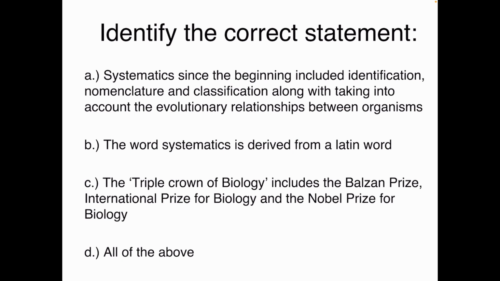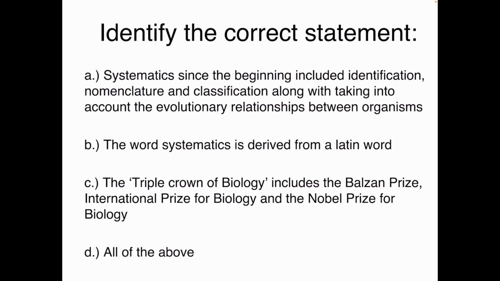Okay, getting back to our question. Systematics since the beginning included identification, nomenclature, and classification, which is actually a part of taxonomy, along with taking into account the evolutionary relationships between organisms.